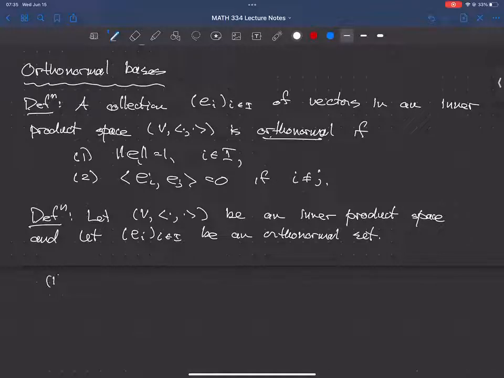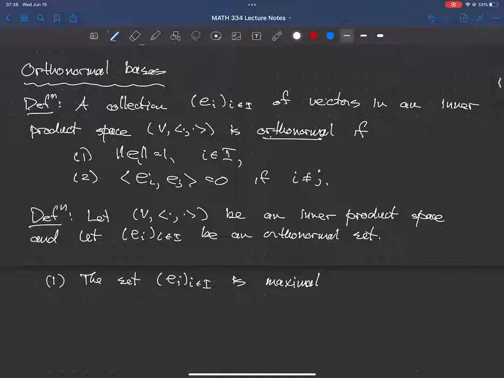Okay, so the set is maximal if it's maximal in the family of orthonormal sets which contain it. Okay, so let me say what that means.